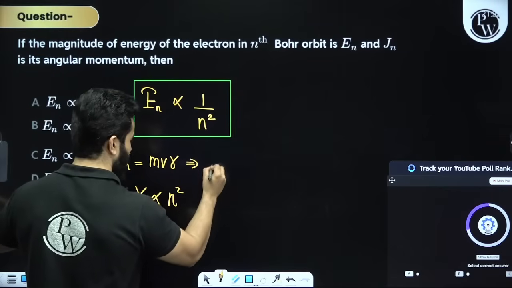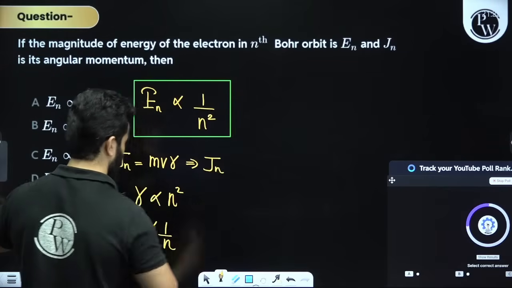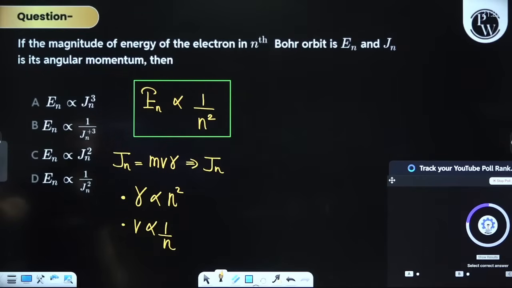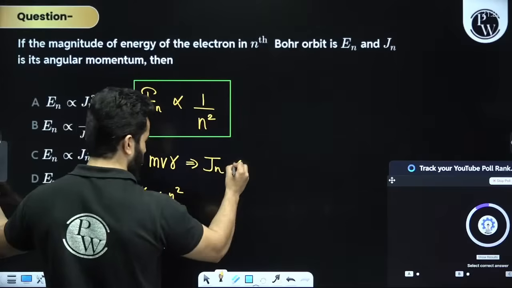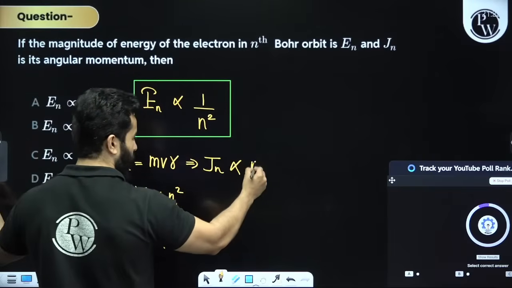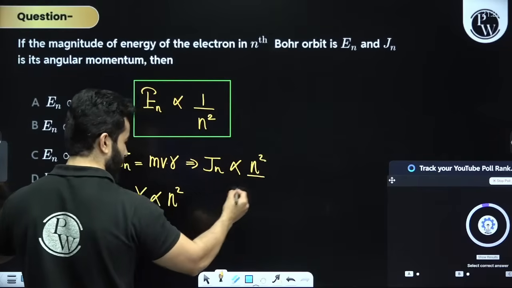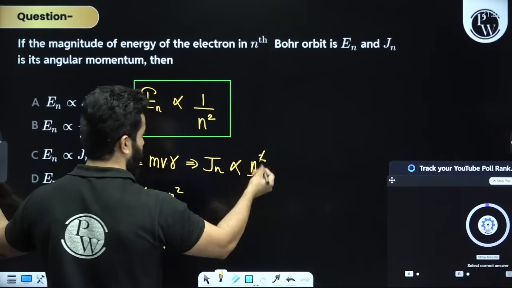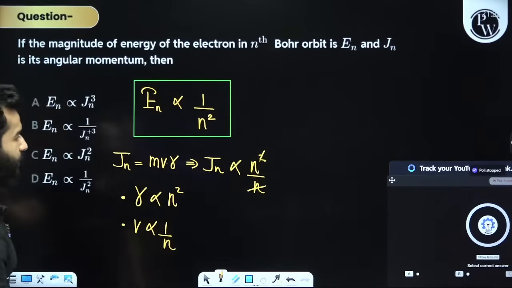So Jn depends upon, hopefully everything is correct here, right? So this will depend upon, instead of r I can write n square, instead of v I can write n. So it directly depends upon n, right?